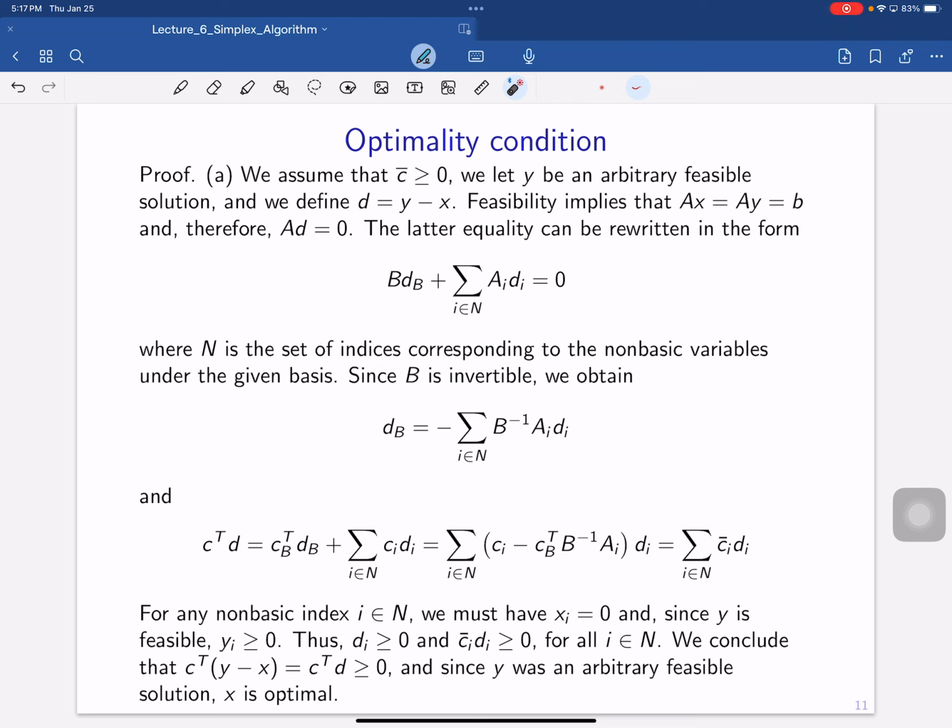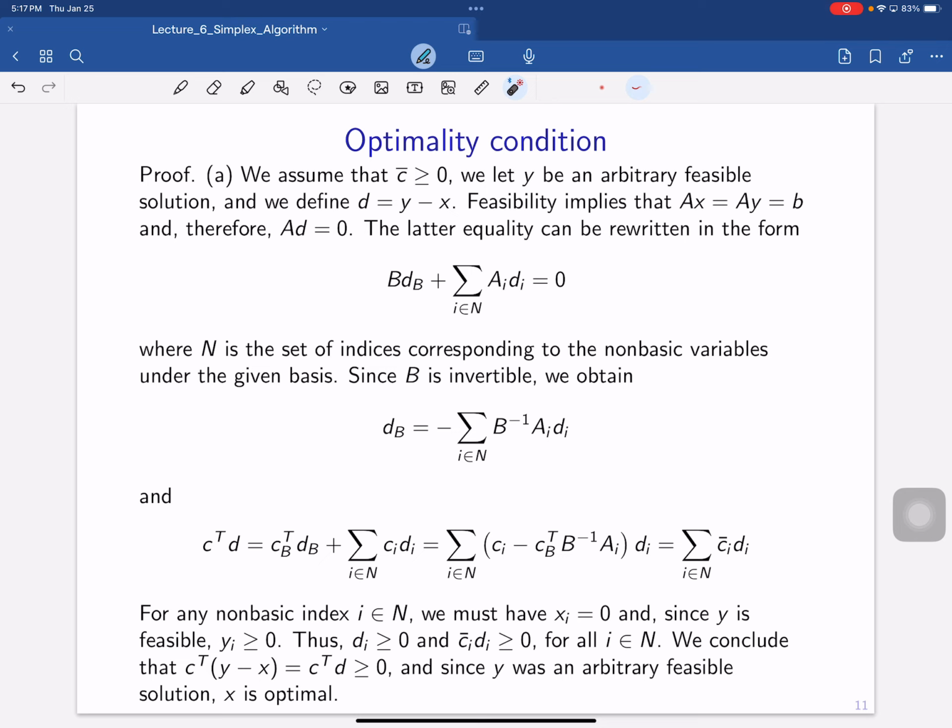Now after you have calculated the basic direction, let's calculate how much the cost will change if you go along the direction d. That's what you do by calculating c transpose d. You can break this down into two parts. The first part is c_B transpose d_B, and d_B is already determined. The question you asked is why we don't have to check the basic directions.